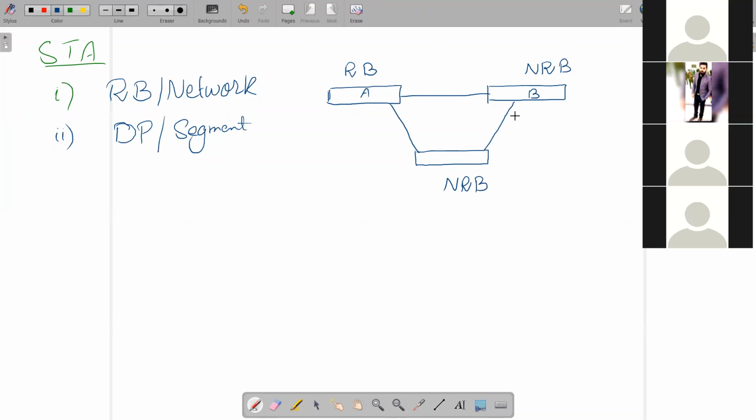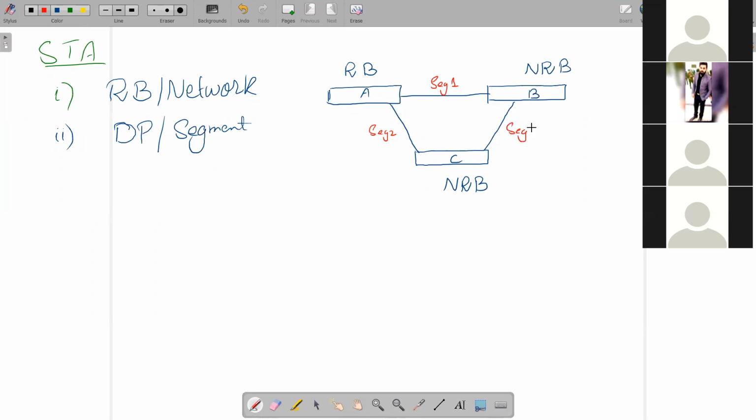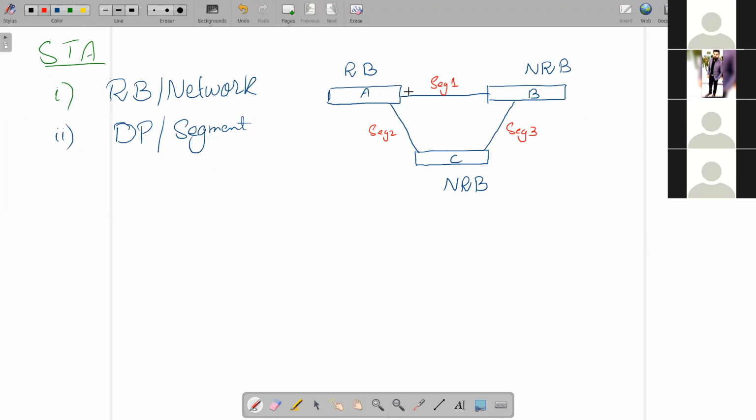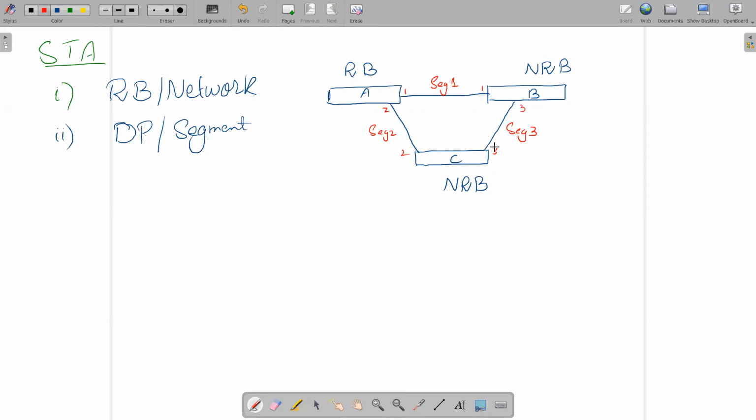Switch B and switch C both are non-root bridges. Just take this example. So in this network, how many segments do we have? As we discussed earlier, this is segment 1, this is segment 2, and this is segment 3. Port number 1 is connected with port number 1, port number 2 is connected with port number 2, and port number 3 is connected with port number 3.